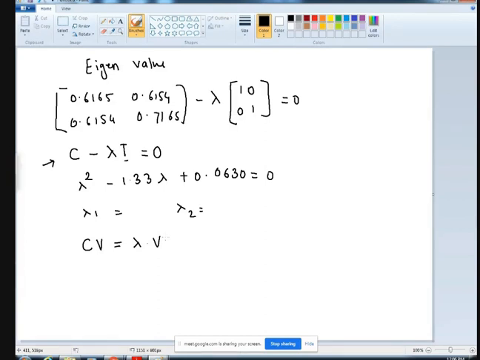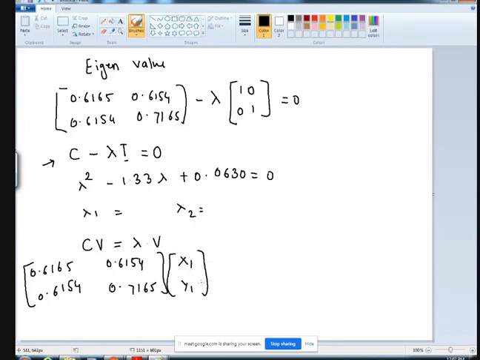So what we are going to do is that whatever covariance we have obtained, that is 0.6165, 0.6154 and 0.6154, 0.7165 into the vectors. So the vectors will be x1, y1. We can name it as anything.